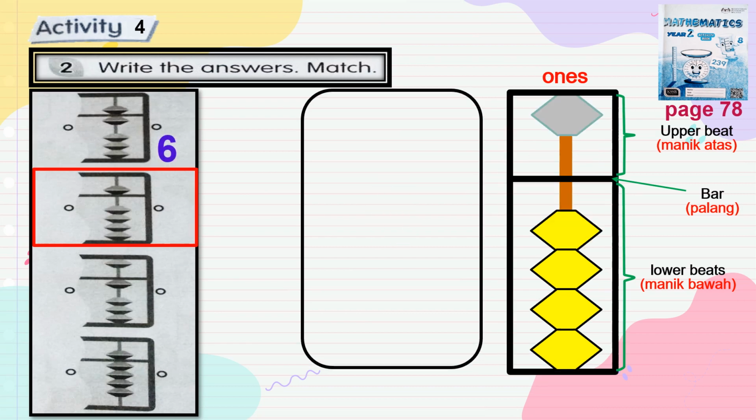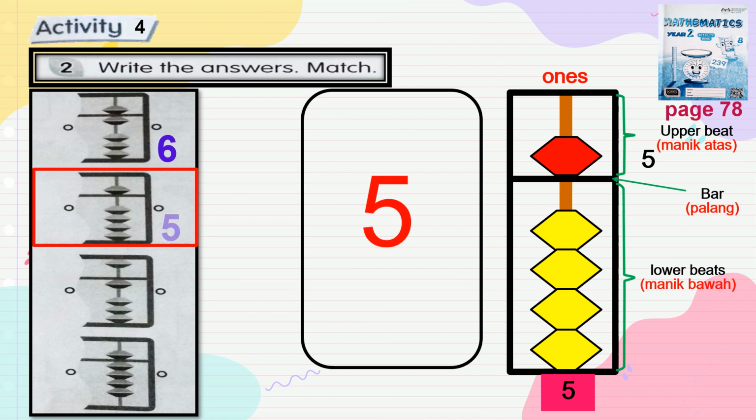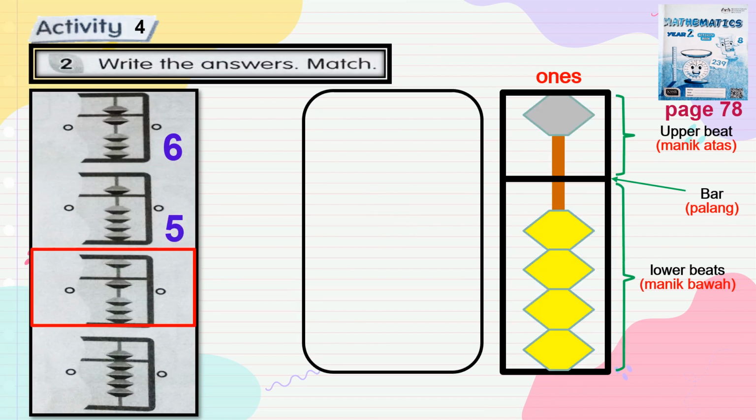Second abacus. When the upper bead moves down to the bar, it represents a value of 5. So, the value of this abacus is 5. The third abacus. When the lower bead moves up to the bar, it represents a value of 1. So, the value of this abacus is 1.